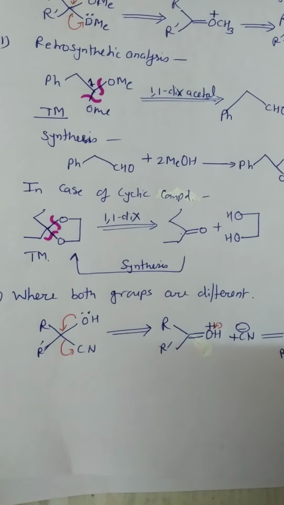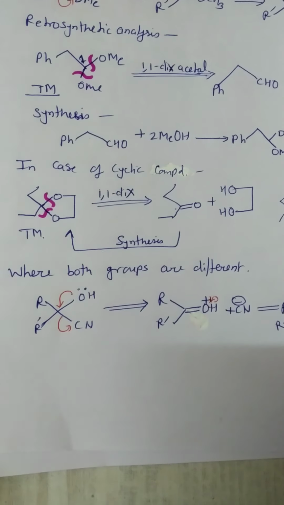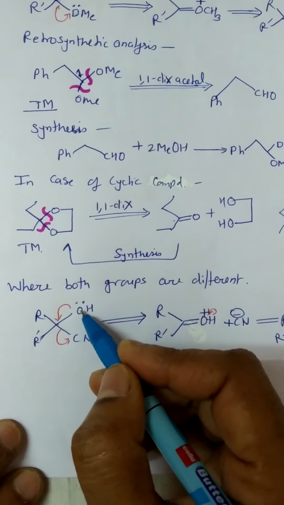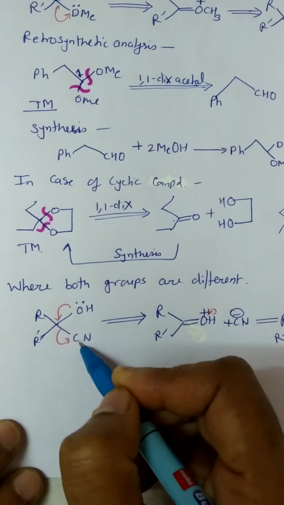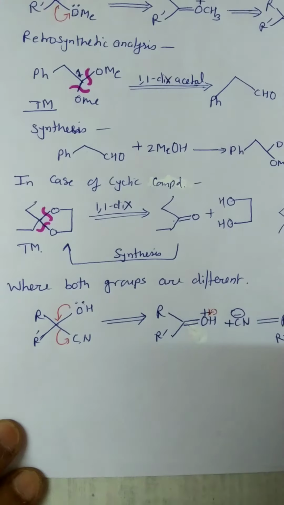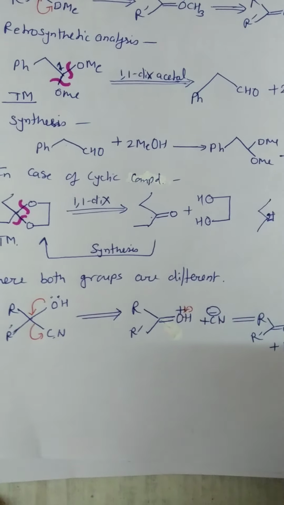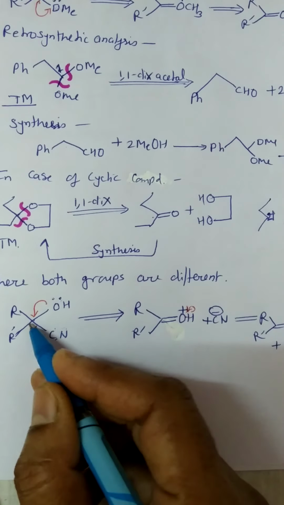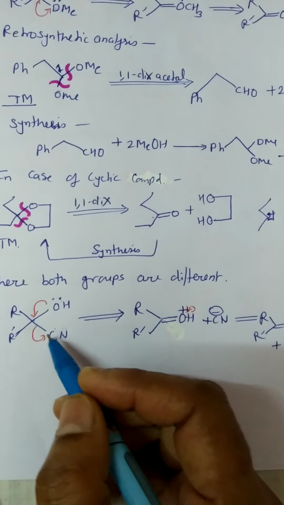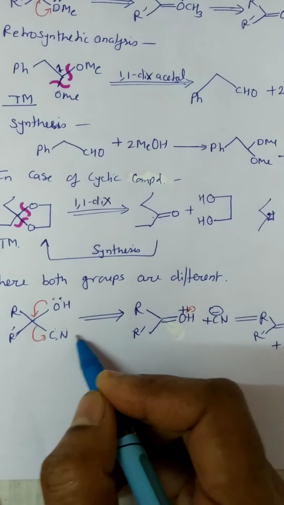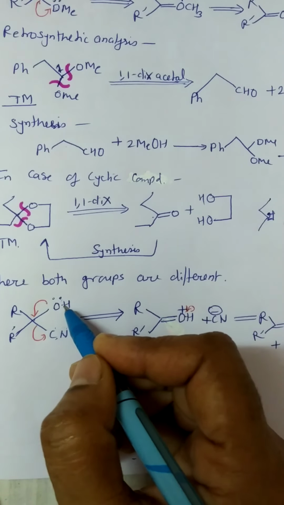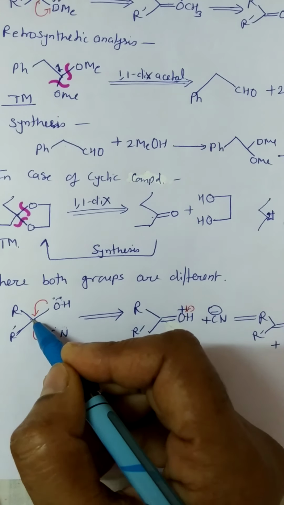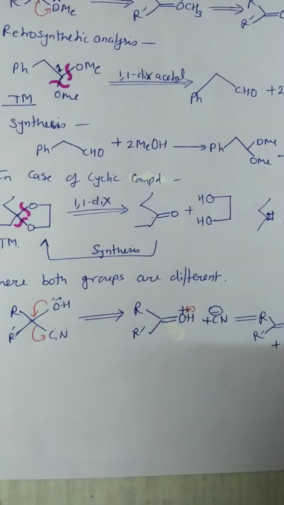Where both groups are different. The second condition: here at this carbon atom, an OH group and a cyanide group are present, both are different groups. Therefore, on disconnection, CN is removed with its lone pair of electrons, with its bonding electrons, and forms CN minus, and OH at the same time donates its lone pair of electrons to this carbon atom and forms a covalent bond.